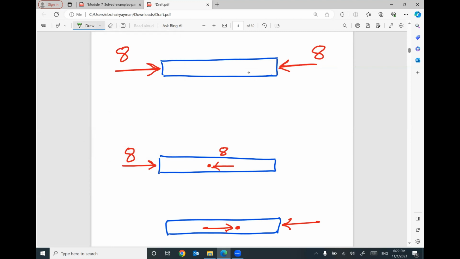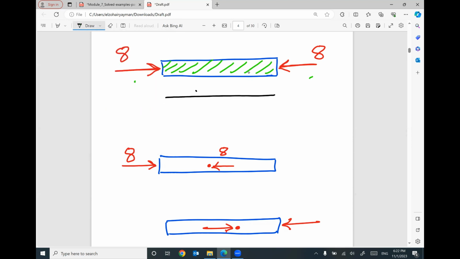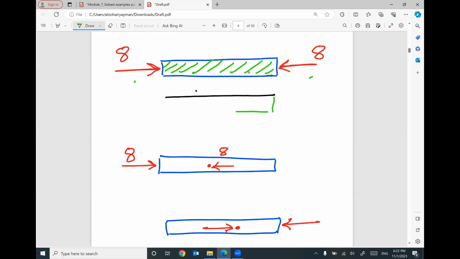The first case, the whole beam is under the effect of 2 opposite forces pushing your beam. So if you would like to draw your axial force diagram, the diagram will cover the whole beam, 8, 8, negative, because it's a compression.